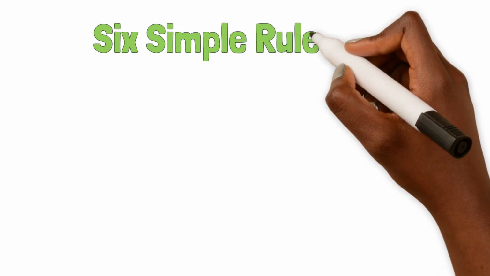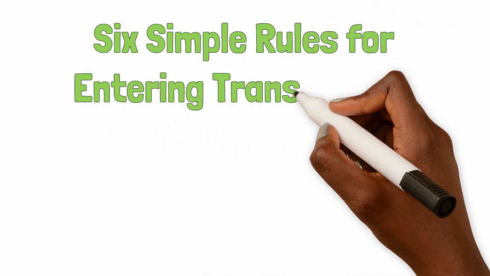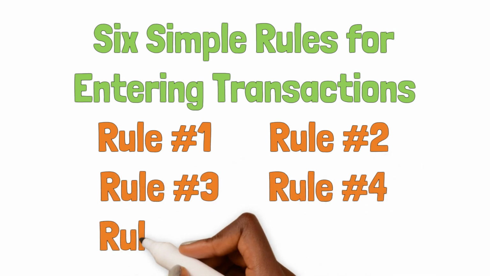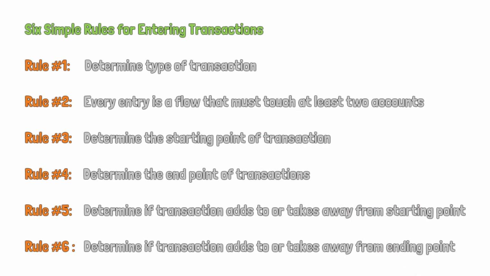In a previous video, we established the 6 rules that you need to follow in order to enter any financial business transactions into your accounting system. Rule number 1 was to determine the type of transaction involved. That is, does it bring money from outside into your business, move money within your business, or move money from your business to the outside world?